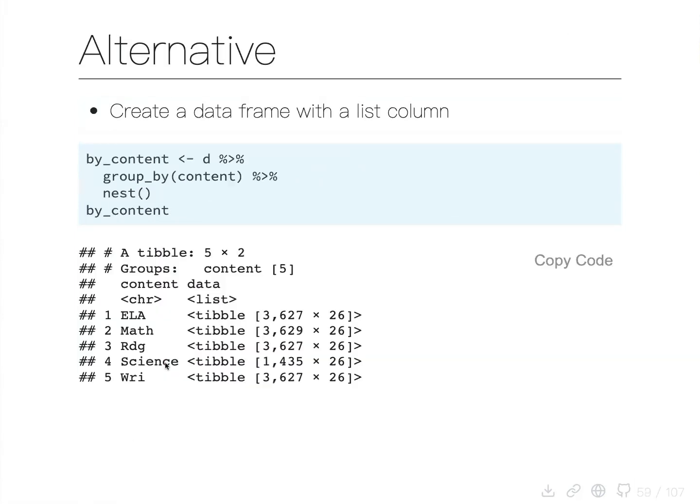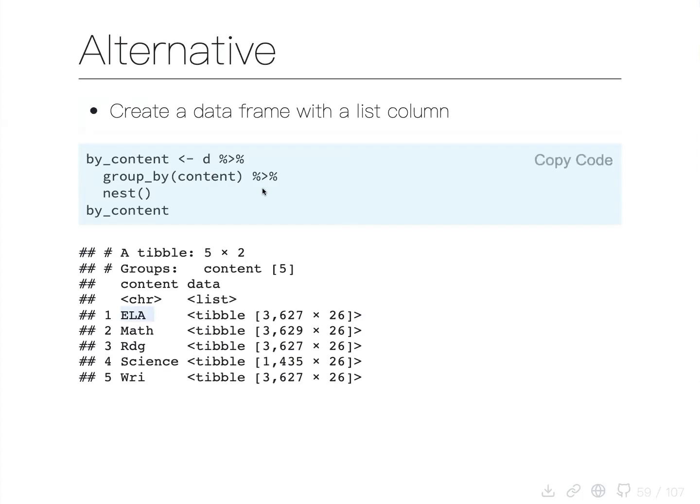And then an alternative, though, that we talked about was using this nest function from, I think it's from dplyr, which allows us to create a list column. Okay, so we just group by something, in this case content, and then we nest it, and what we get is 1 row for each thing that we grouped by.